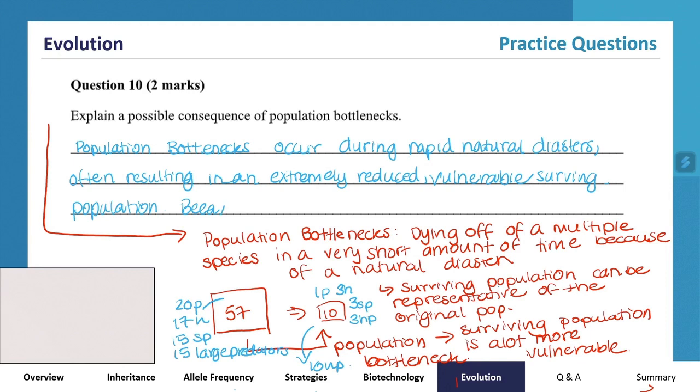Because of the decreased biodiversity, the environmental pressures take a greater effect, because we don't know if they're ready to adapt to this environment or not.